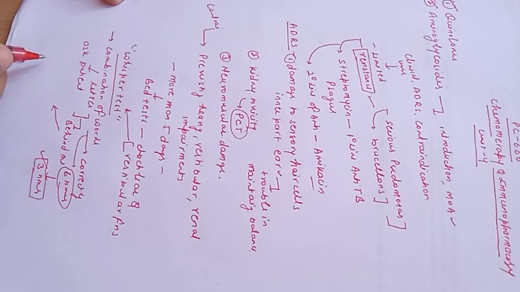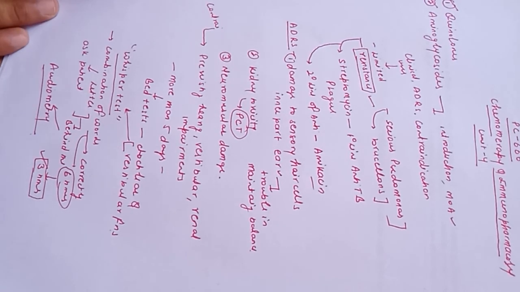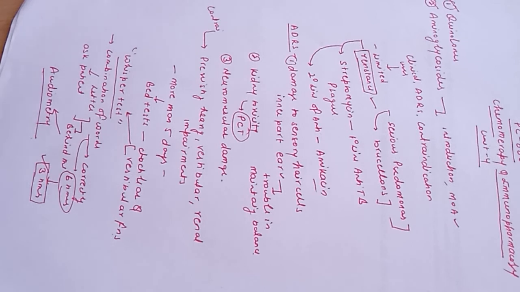If the patient is not able to repeat the words correctly, then you send the patient for audiometry. This is particularly important with aminoglycosides because they lead to hearing loss, so you have to be very careful.